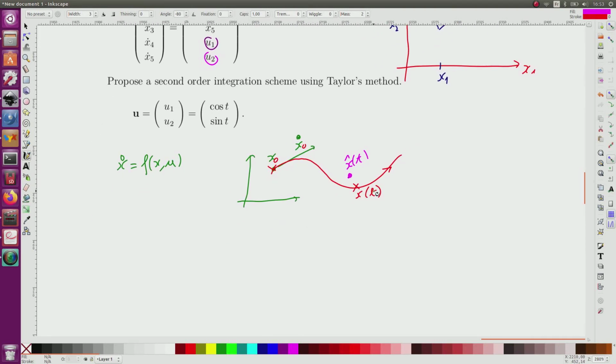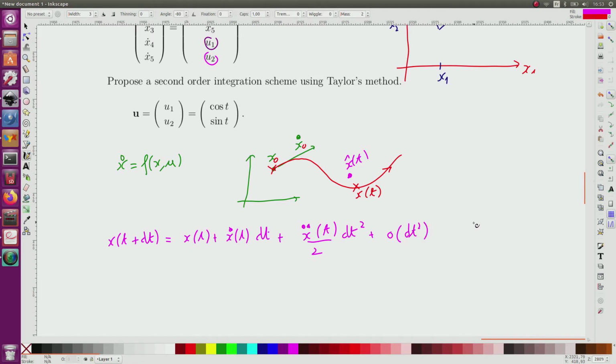So if I consider my true solution, x of t, I know that x at time t plus dt, where dt is infinitely small, is equal to x of t plus x dot of t dt plus x dot dot of t divided by 2 dt square plus something which is infinitely small with respect to dt square.